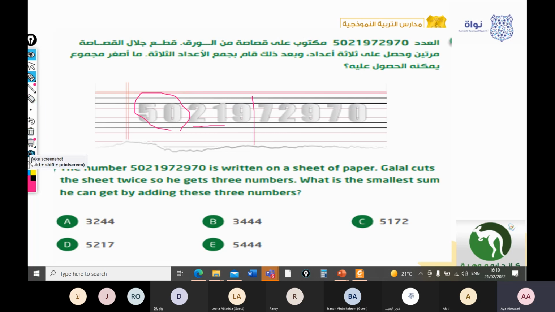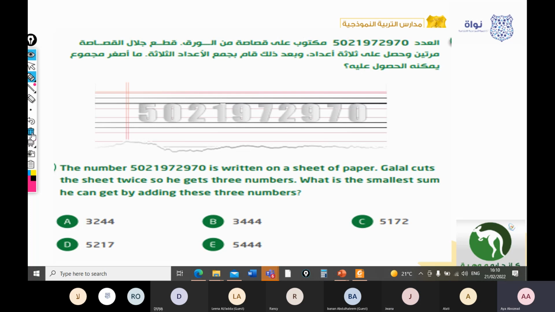Lina, can you try with me? I just ask between which 2 numbers I will cut. Between which 2 numbers I will cut, Lina? Lena said her mic is broken. Oh, sorry, I didn't open the chat till now.